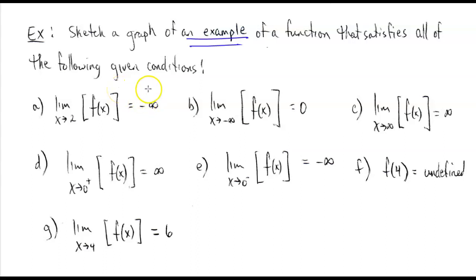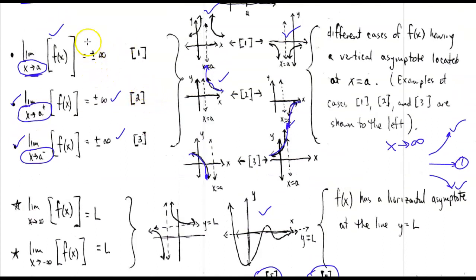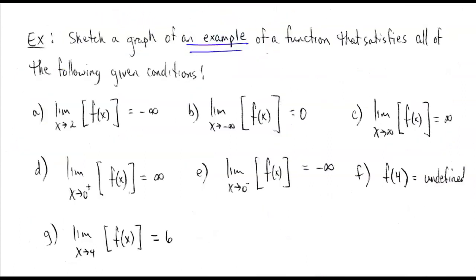If we go back to what we studied here, that kind of thing happened whenever we were talking about vertical asymptotes. Specifically, it would be this example here. Either the graph is going to go up or down depending upon what information is given. And so here, it's telling us that we have a vertical asymptote at x equals 2.